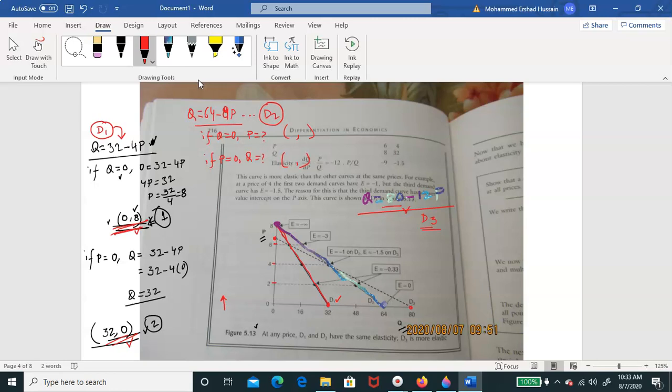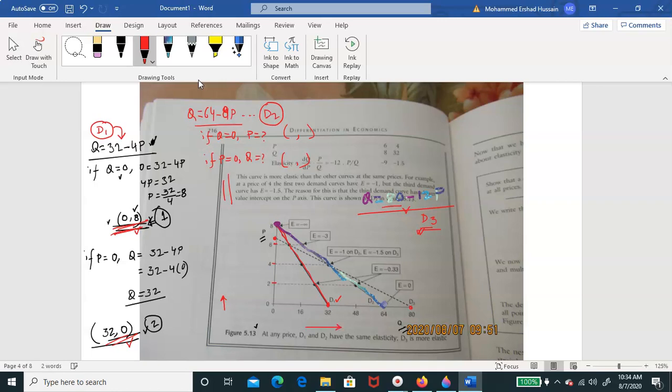Now let us see what happens. This curve, D3, is more elastic than the other curves at the same prices. D3 is flatter, which means that when price changes, quantity will change more.